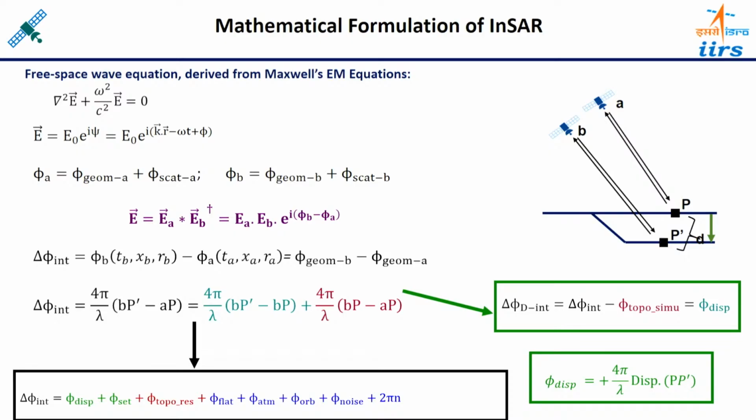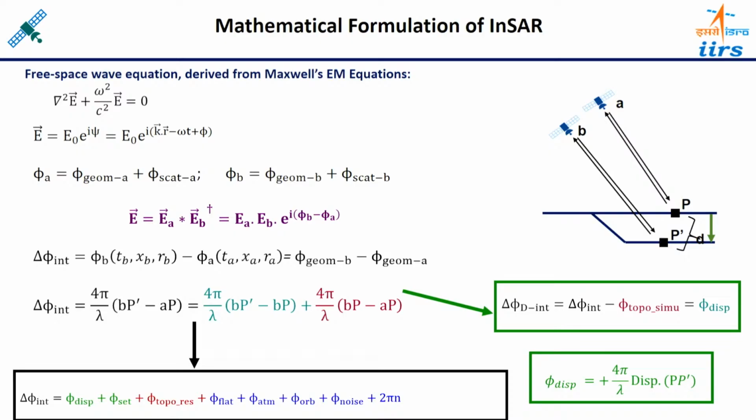Then orbital phase, this is another phase component. The satellite is transmitting the signals. Suppose the signal was transmitted from satellite position A, at that time the satellite position should be known very precisely.